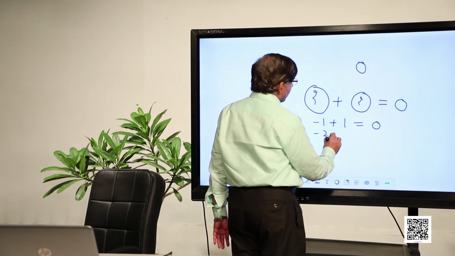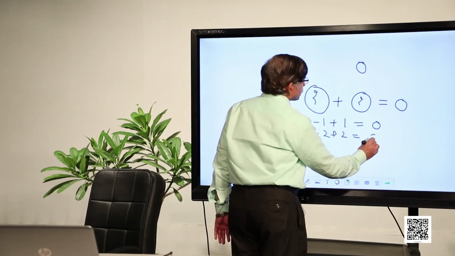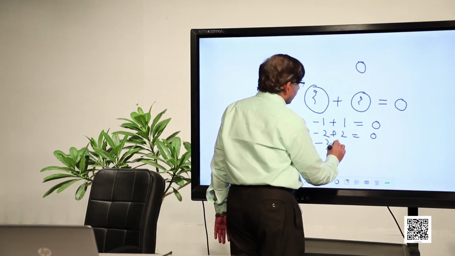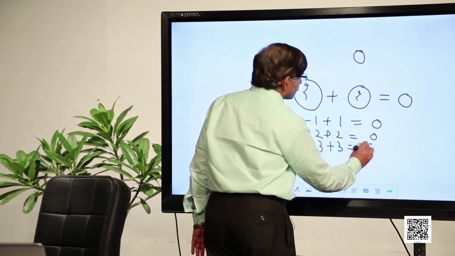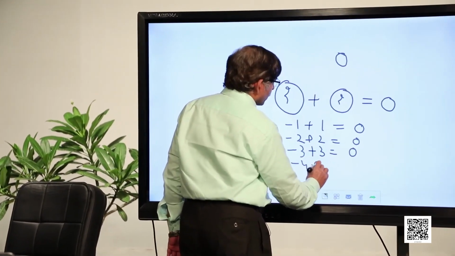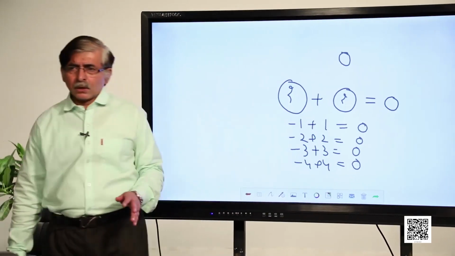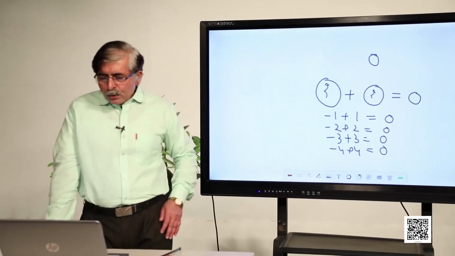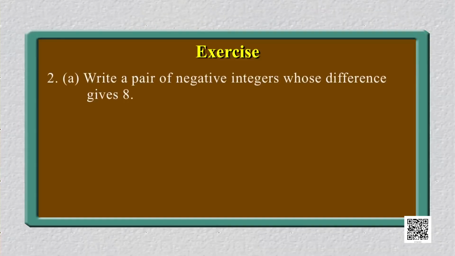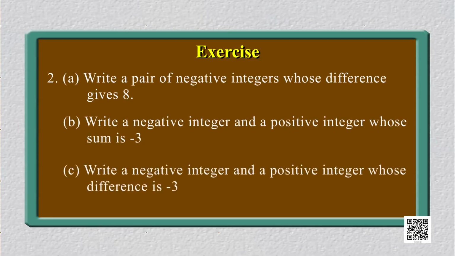Minus 2 and plus 2, this may be 0. Minus 3 plus 3, this is also 0. Minus 4 plus 4, this is also 0. So, many more pairs we can find, you can explore yourselves. And similarly, there are other questions you can try in the exercise.